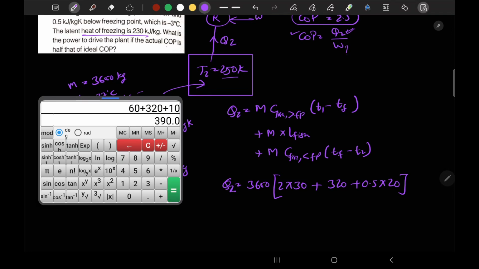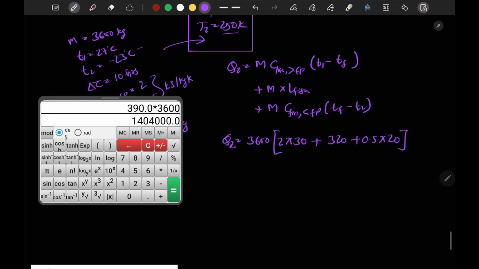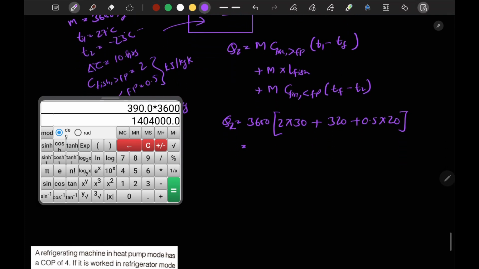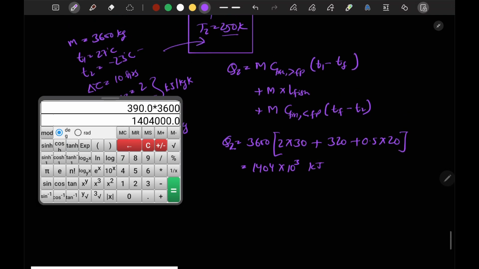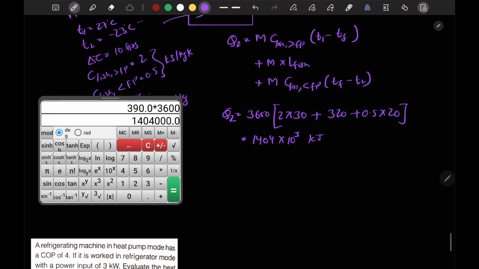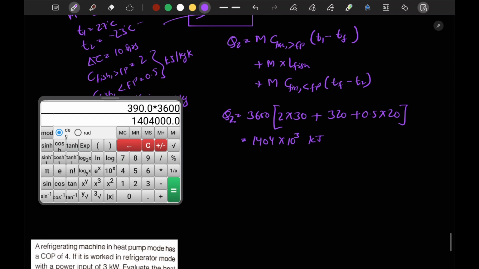So we get this into 3600, and Q2 is equal to 1404 into 10 to the power 3 kilojoule. So this amount of heat is added to the system. Now it is added over a time of 10 hours.